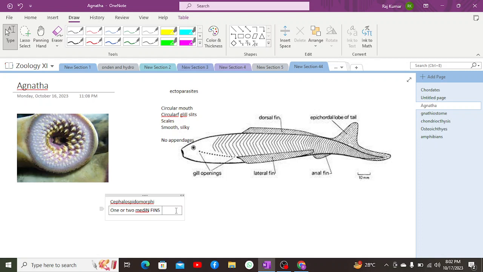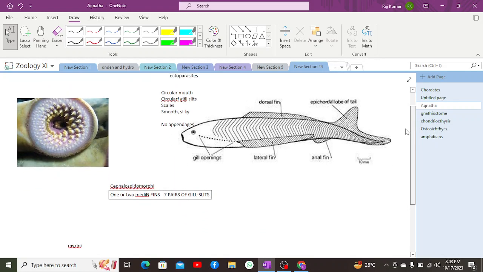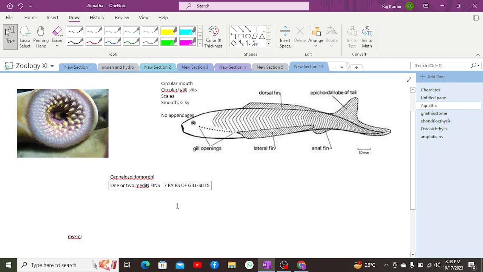When it comes to their gill slits, they are having seven pairs of gill slits, not gills, but gill slits, or gill openings, and their mouth is basically having this type of structure as you can see in the diagram.